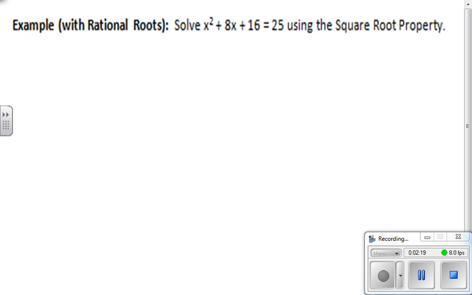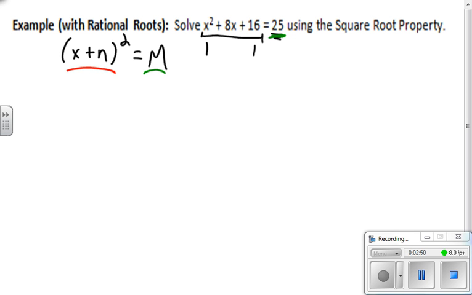So if we want to solve using the square root property, first thing we have to do is look at our polynomial here, in this case a trinomial, and we want to get it into that x plus n squared form so that it equals m. We are given our m value over here. This 25 is like our m value, but we need to determine this piece. So we need to factor.